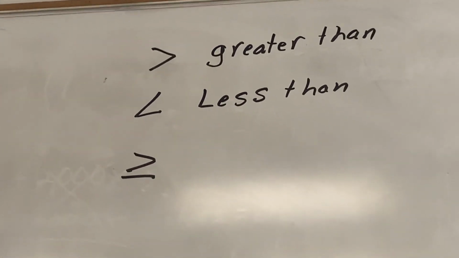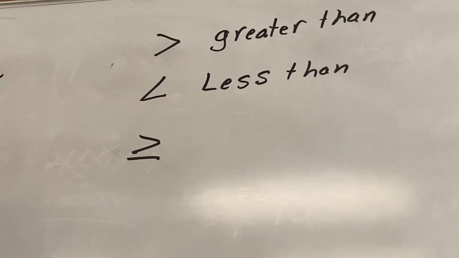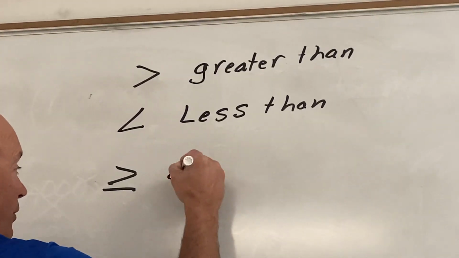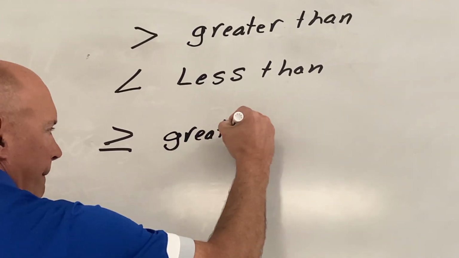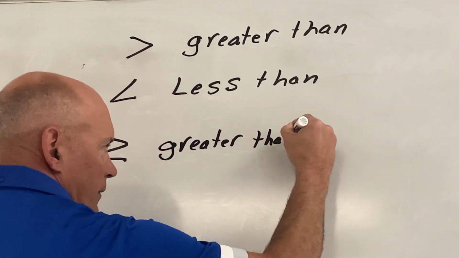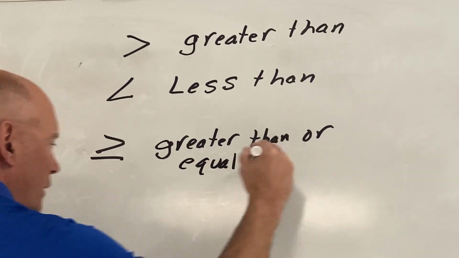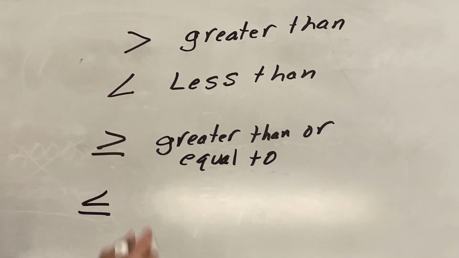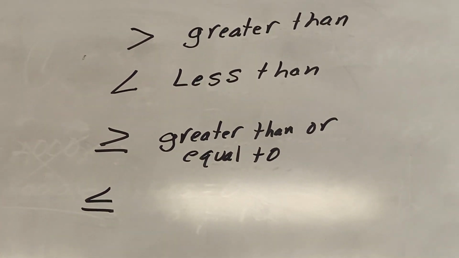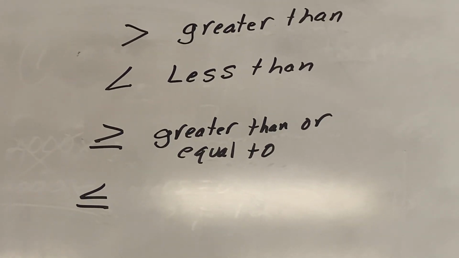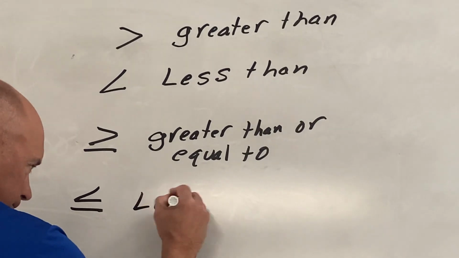Greater than or equal to. What is the symbol that points to the left with a line under it? Less than or equal to.